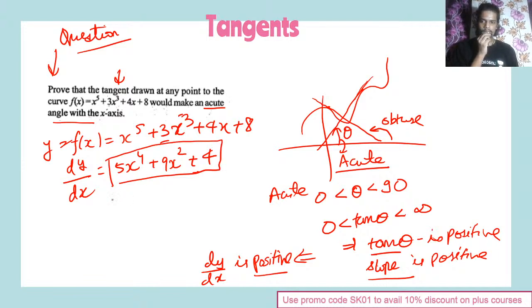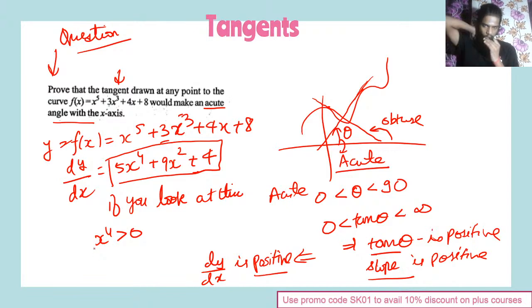Now if you look at this, x to the power 4 is always positive, because even power of anything is positive, always positive. Okay, x square is also positive and 4 is also positive. So this is greater than 0, this is greater than 0, this is greater than 0, and which implies the sum of these numbers would also be greater than 0.